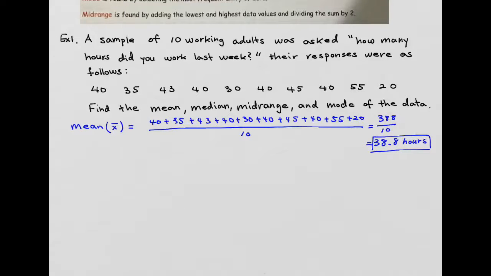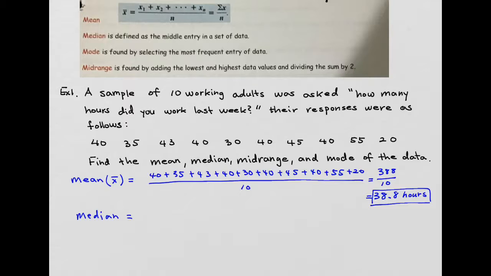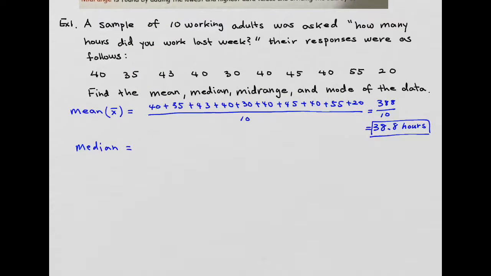So then what about finding the median? The formula says the way that you're going to find the median is rearranging first and then finding the exact middle number. So with the same sample data, you're going to rearrange this.